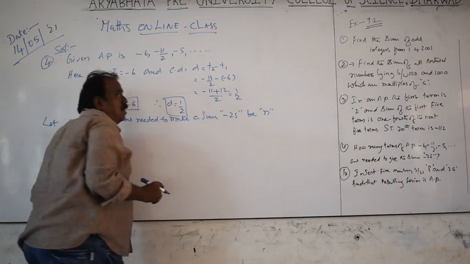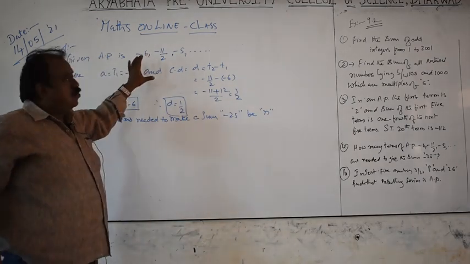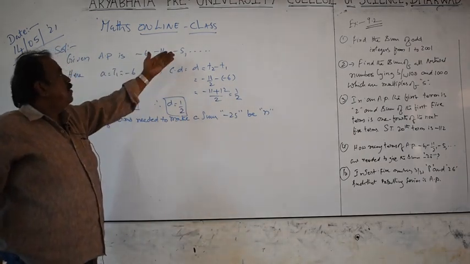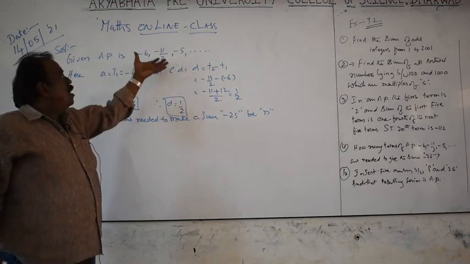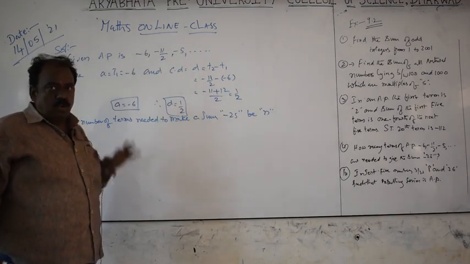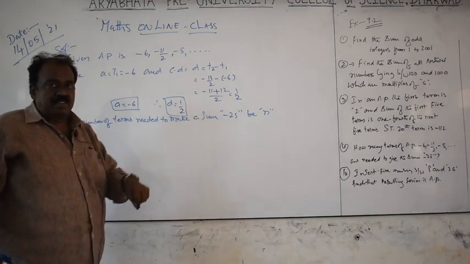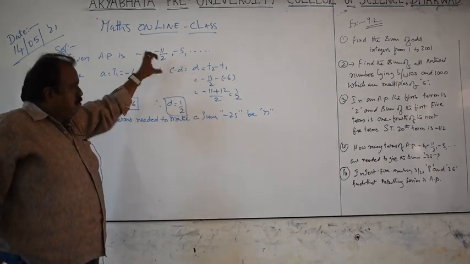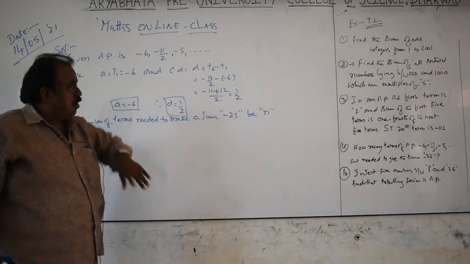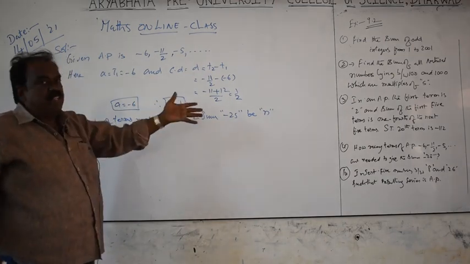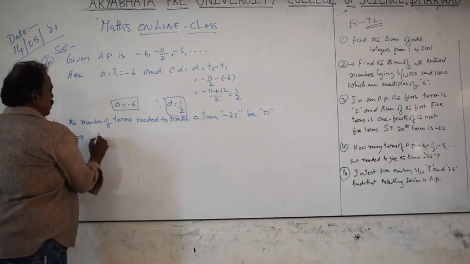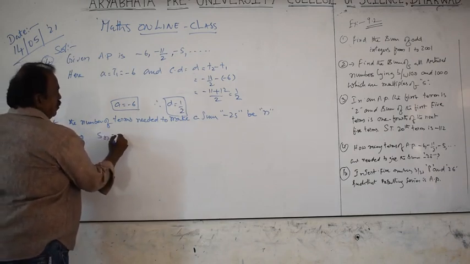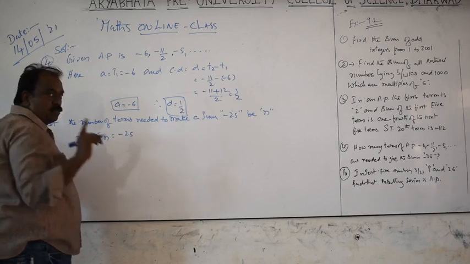We are assuming in this series there are n terms. Say, for example, 10 terms sum is minus 25, or 8 terms sum is minus 25. That number is asked. That is the question. That implies Sn is equal to minus 25.